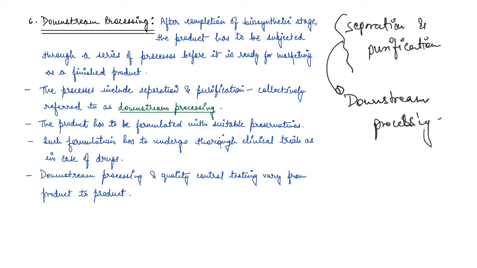The downstream processing and quality control testing varies from product to product, but there is a very intense quality test that happens before we start marketing it or use it as a finished product, right? So guys, with this we have completed all the steps of recombinant DNA technology, and we have also finished the chapter Biotechnology Principles and Processes.